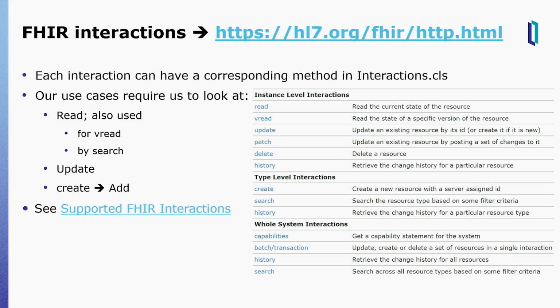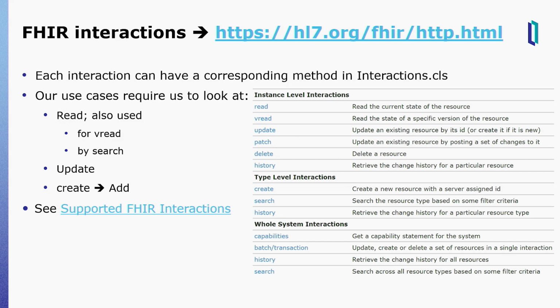A little sidestep. FHIR defines these interactions. Maybe you all know this. I just want to point out that basically for each of the interactions specified here, like read and update, you'll find methods in the interactions class.